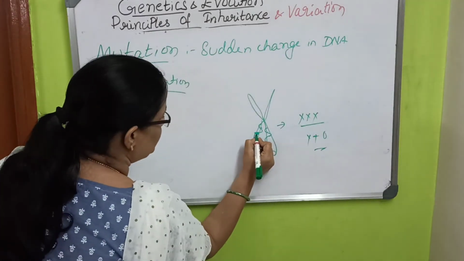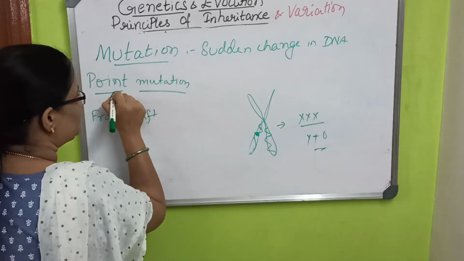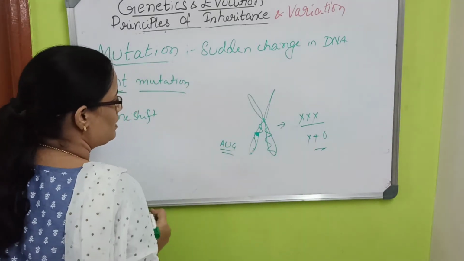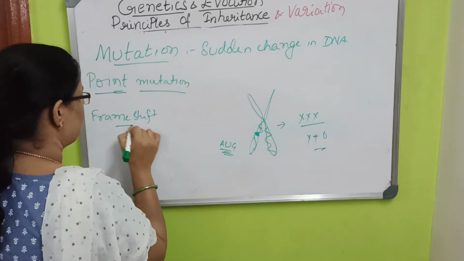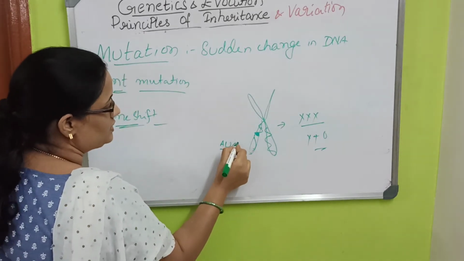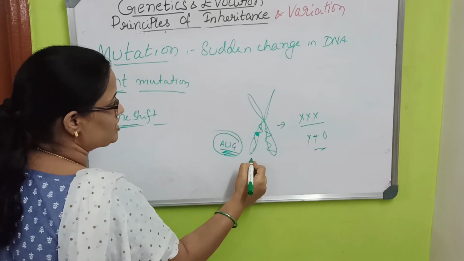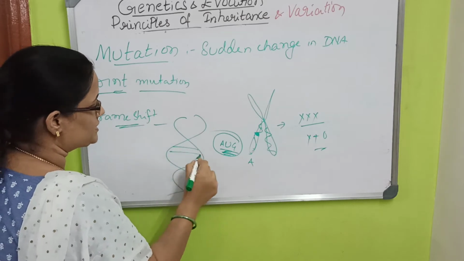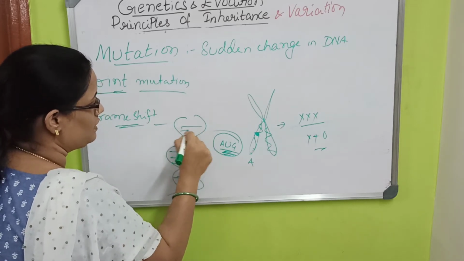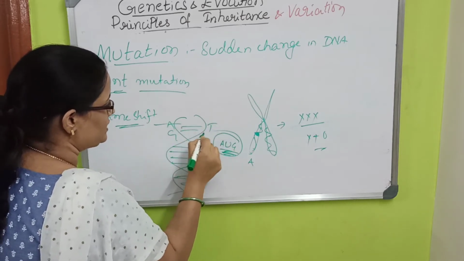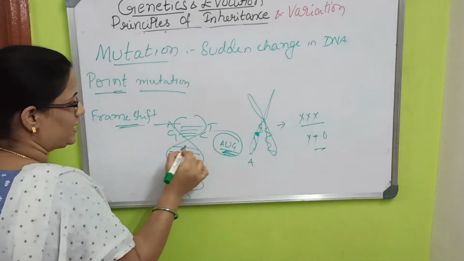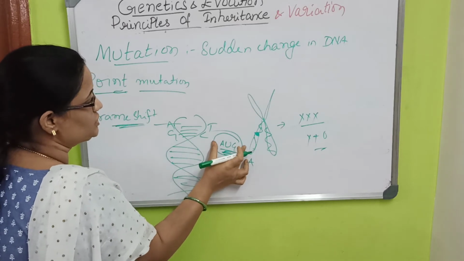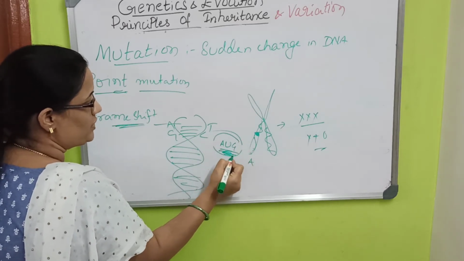In a point mutation, only one point of the gene changes. The genetic code has codons, and in the double helix structure, A pairs with T and G pairs with C. A single point change is a point mutation, while frame shift is a complete change of the codon that is coding.